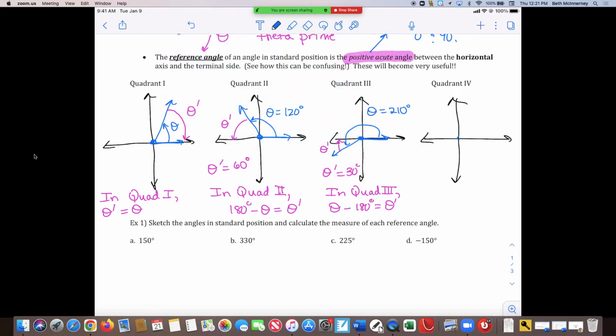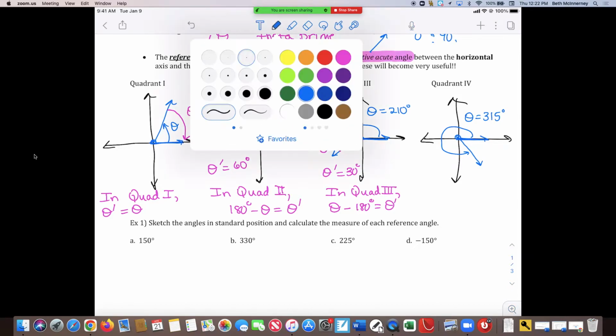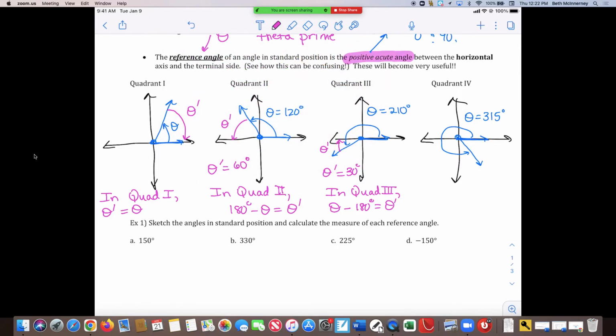All right, let's do the fourth quadrant. Let's take one smack in the middle, and theta is 315 degrees. So theta prime is from the terminal side to the x-axis. Never is it to the y-axis.